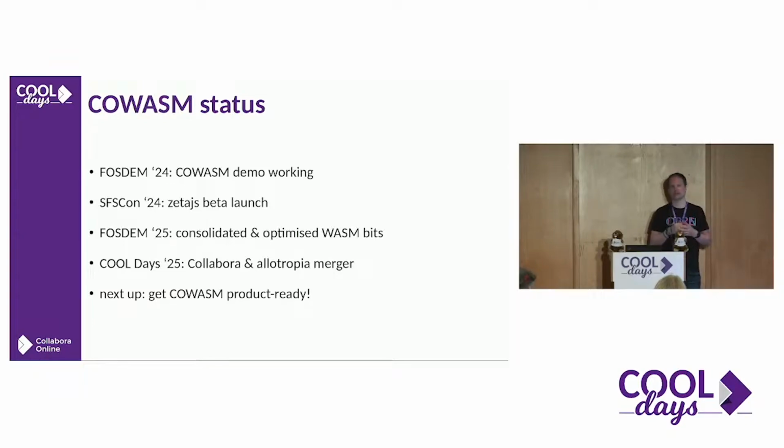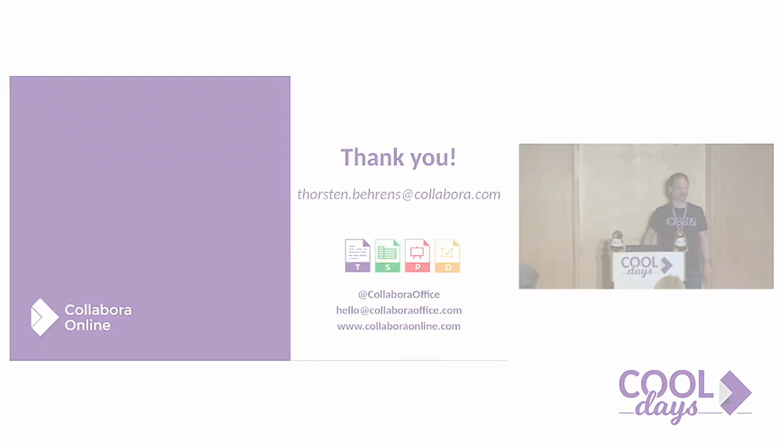Hopefully also being able to offer the UNO bindings for the client side, so people can have a deeper integration and programmability when using that as a plugin. So next up is getting all of that product ready, and I'm quite excited and looking forward to doing that. Thank you.